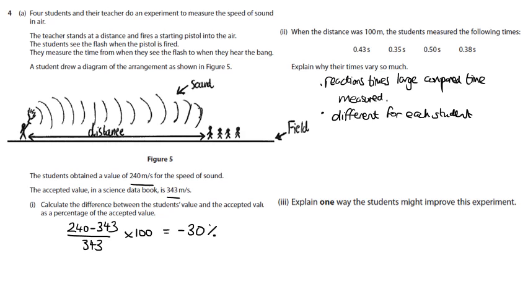Okay, there's other reasons as well. So you can see that the different students are different distances away from the pistol. So there's another factor. So let's use that for part 3. Explain one way that the students might improve the experiment. So students all the same distance from the teacher.